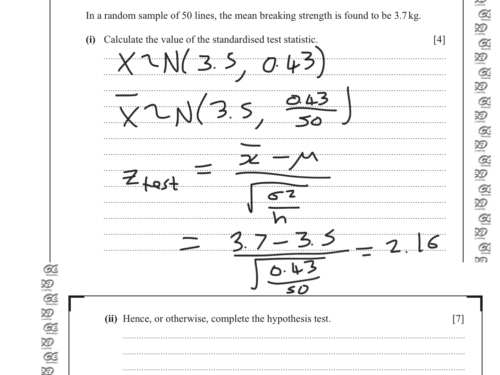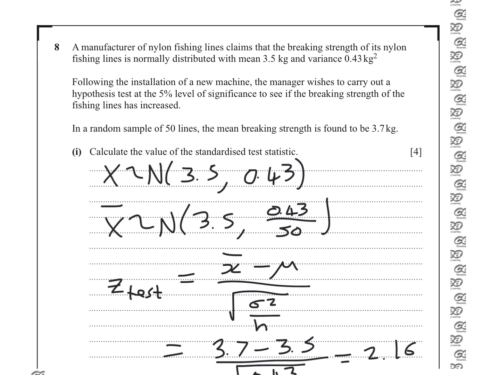2.16. So just be careful in this question with what they give you. They've given you the variance, and then for the sample means you have to get the variance and divide it by n. Sometimes you've got sigma squared, and basically this bit here becomes sigma squared over n.